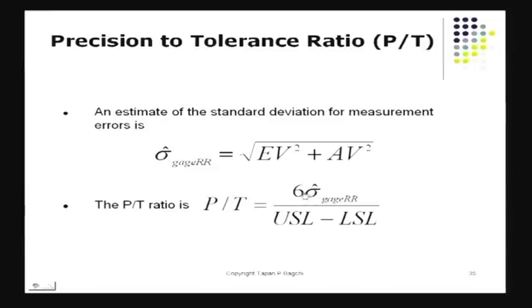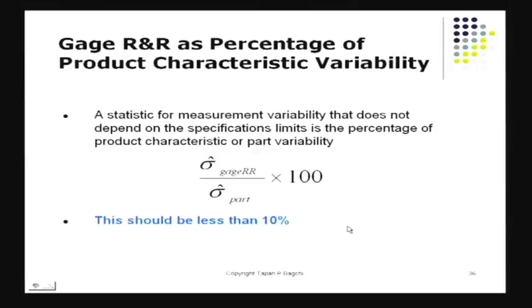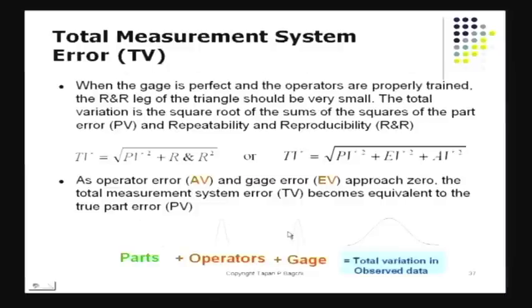This is also very important, and in this case, instead of that 5-point number, I've used a 6-point number, so slightly wider, and this is also used by many industries. The upper spec limit and lower spec limit come from the specification of the part or the product itself. Again, if you look at this ratio, that is the sigma contributed by gauge R and R divided by the sigma of the true part variation. This ratio should be less than 10%. It should not be much. It should be less than 10%.